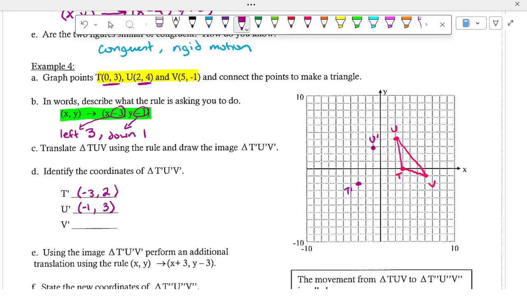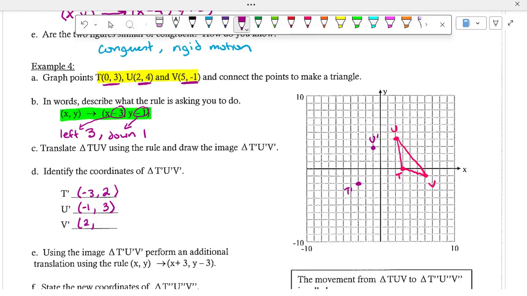And then finally, V prime, so 5, -1. So if I subtract 3 from 5, what do I get? 2. If I subtract 1 from -1, what do I get? Be careful with this.